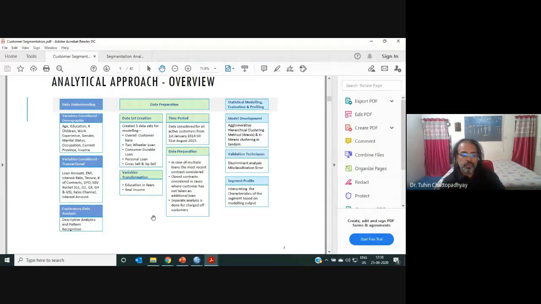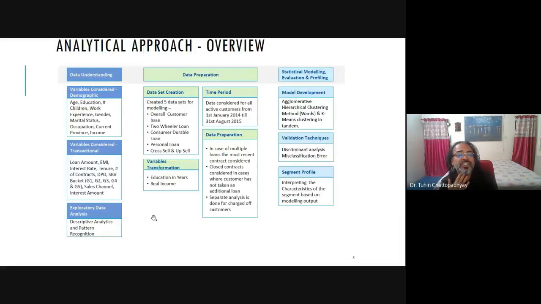Whenever you have got the categorical variable or the qualitative variable, always try to see if there is any opportunity to convert or transform it to a quantitative variable. That's extremely critical. Why?